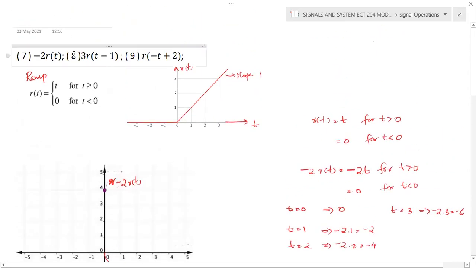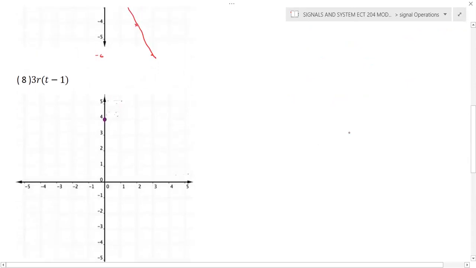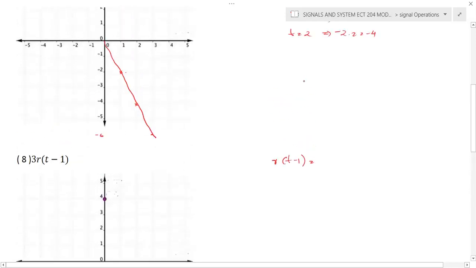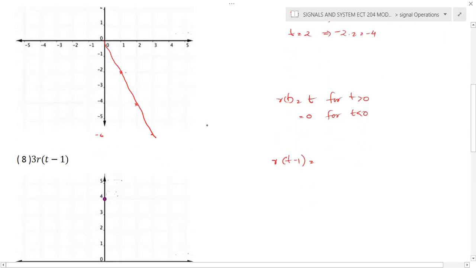Now we'll plot the next signal, 3r of t minus 1. First we'll write r of t minus 1. If you observe the signal, r of t is equal to t for t greater than 0 and 0 for t less than 0. Now it is r of t minus 1.